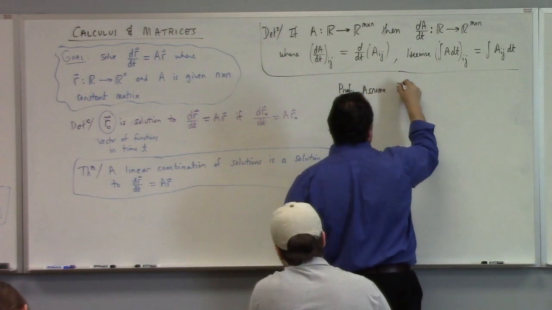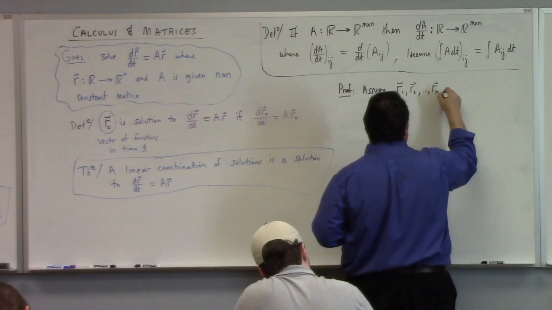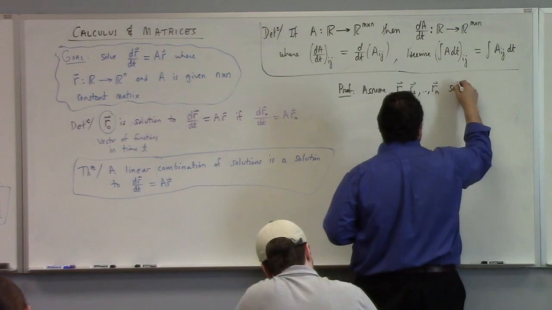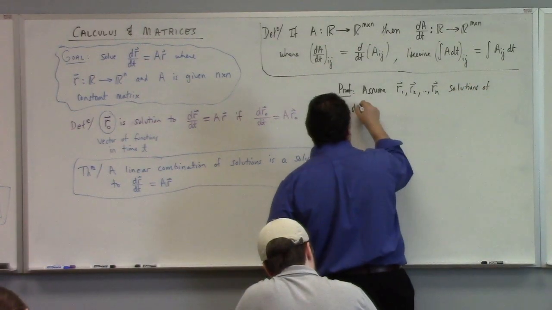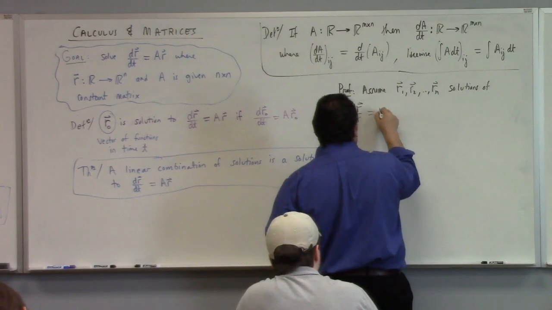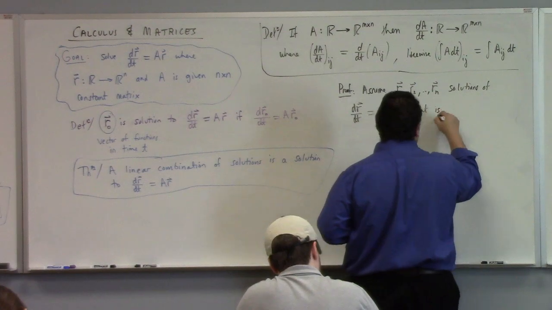Assume that you've got R1, R2, through Rn, solutions of dR/dt = AR. What does that mean?